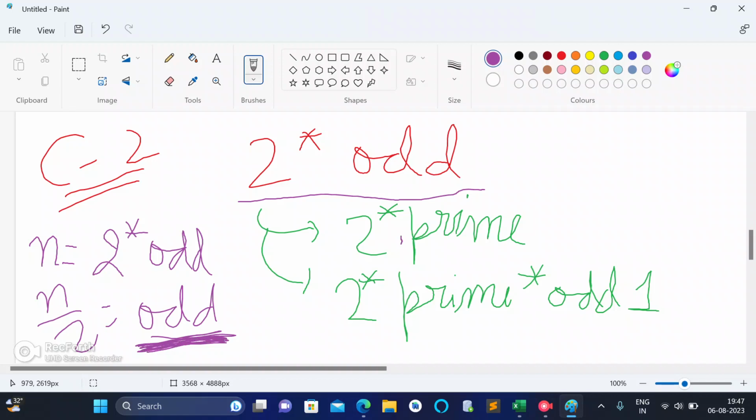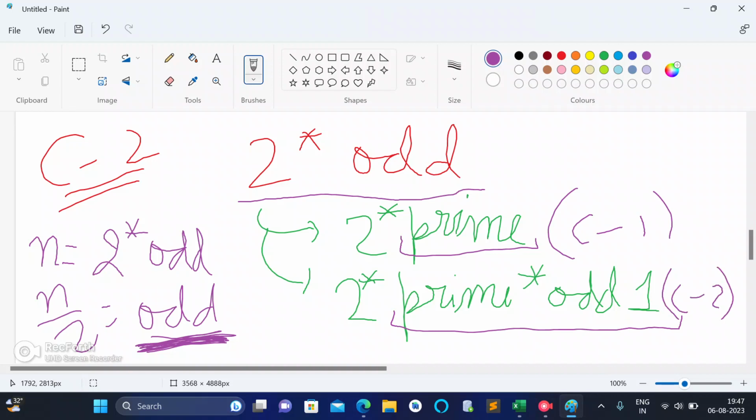Applying the sieve of Eratosthenes, you will easily be able to see whether this odd number is prime or not. If that number is a prime number, then it is case 1, and this other is case 2. So if that odd number comes out to be prime, it is part of case 1, and else, if the odd number is not prime, it is a product of prime and some other odd, so it is case 2.